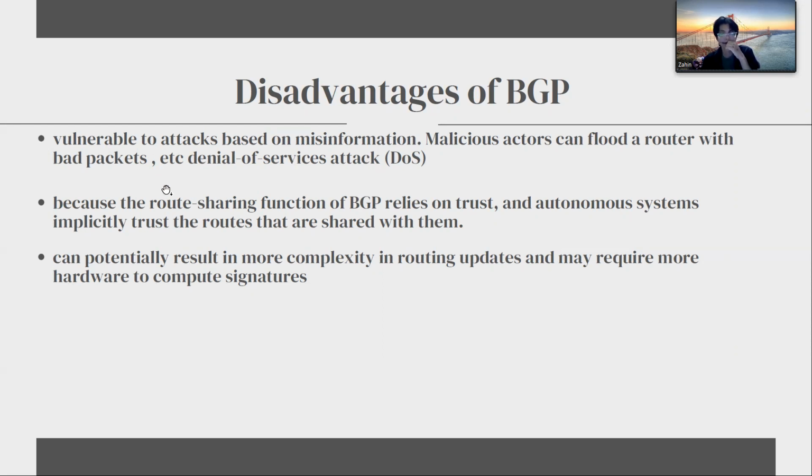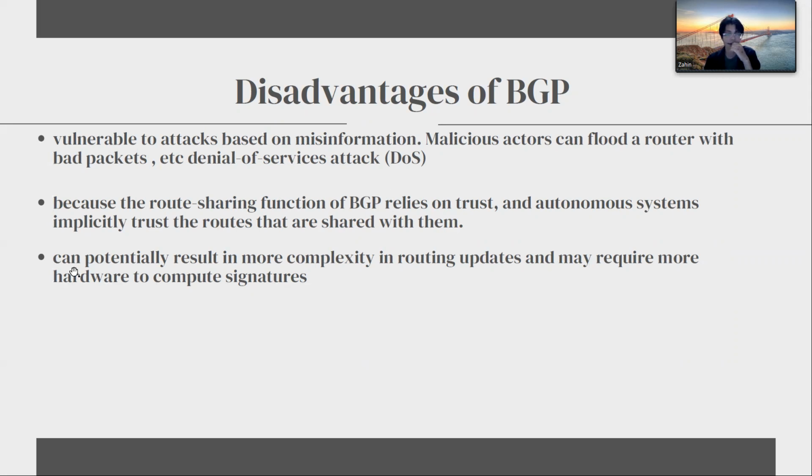Because the route sharing function of BGP relies on trust, and autonomous systems implicitly trust the routes that are shared with them, one router cannot predict the other routers and traffic that are shared with them.